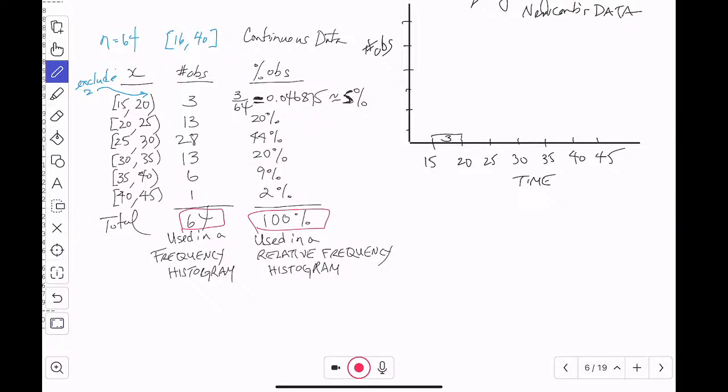Then the next one is 13. 13 is about here, right? And then there's the big 28. So 28 is just about here. And the next one is 13.